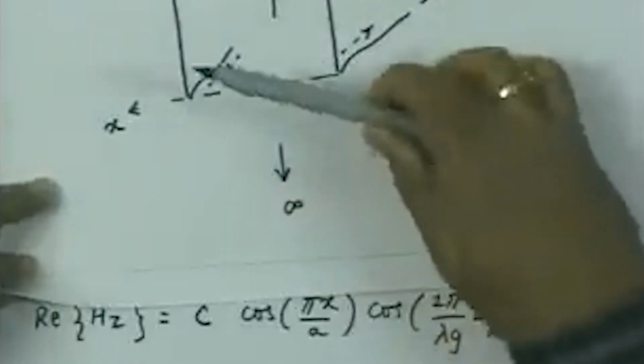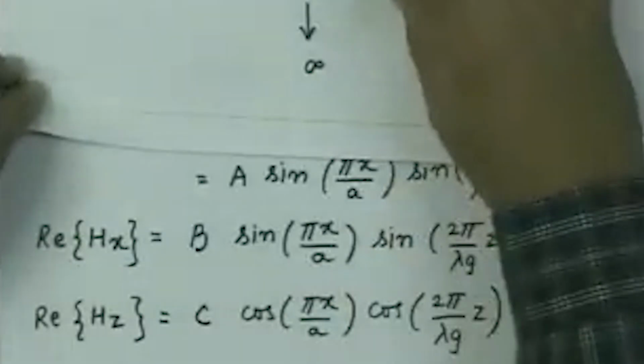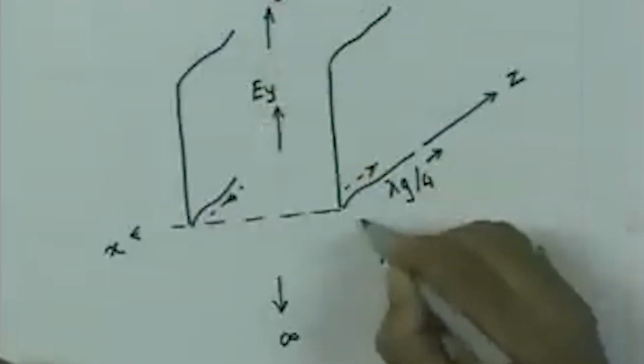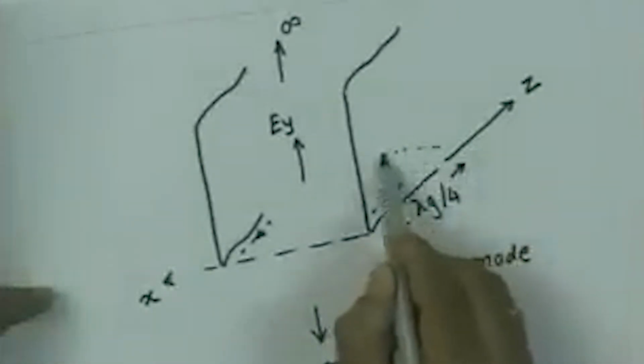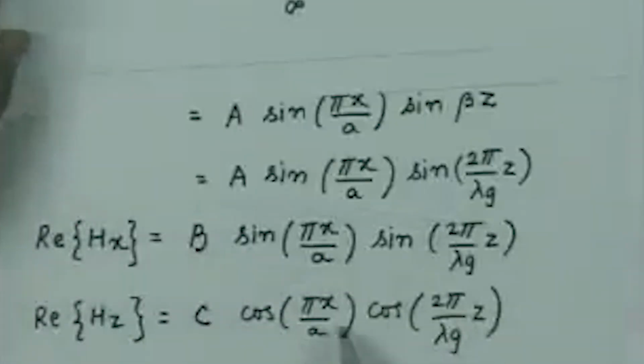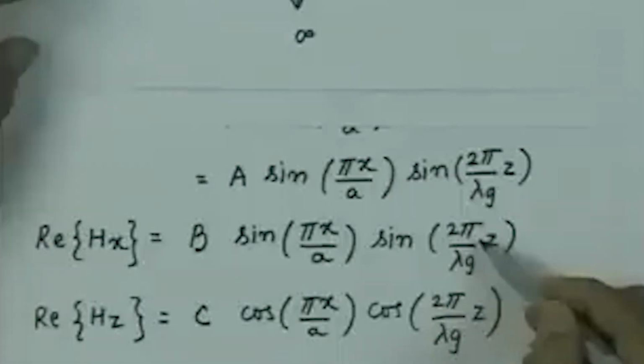So, the magnetic field lines are maximum here and no component of the magnetic field Hx at this location. So, the fields are this. If I go to a distance of lambda g by 4 in this direction, at that location, if I see here, the Hz would go to 0, Hx will be maximum, but the Hx is having a variation of sine of pi x upon a.